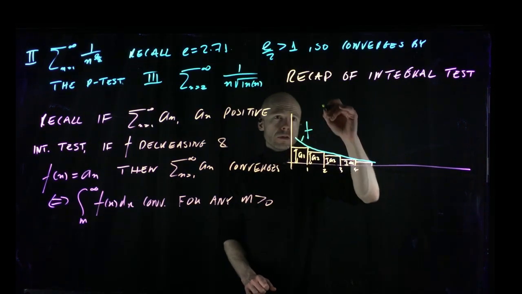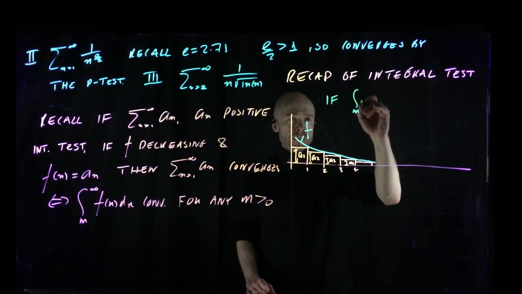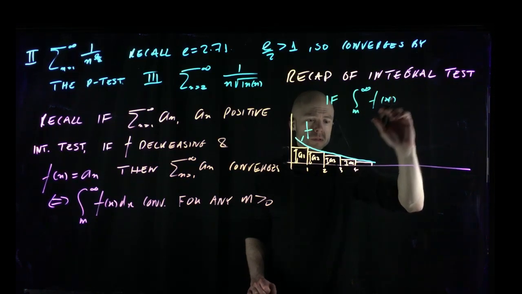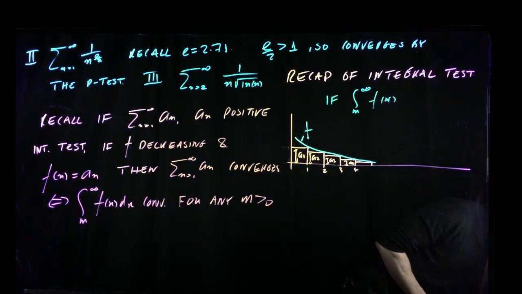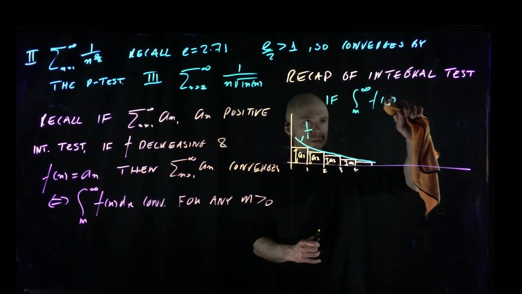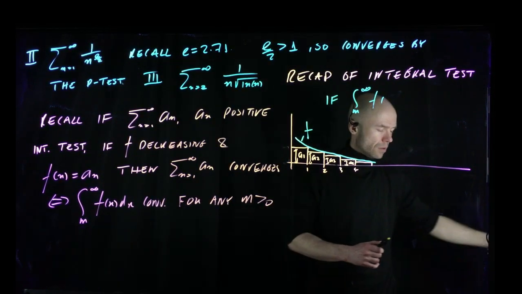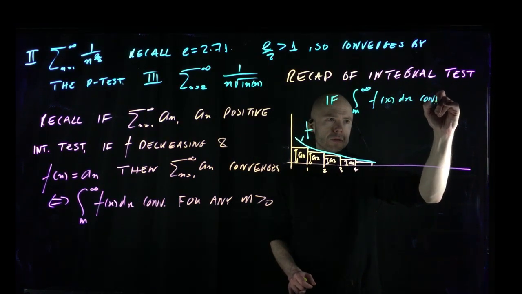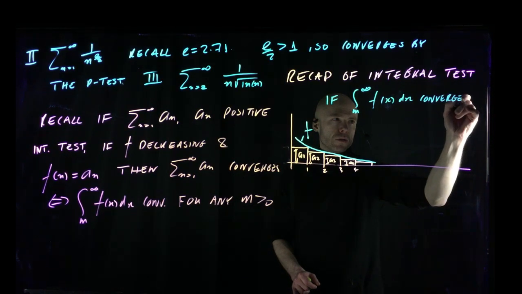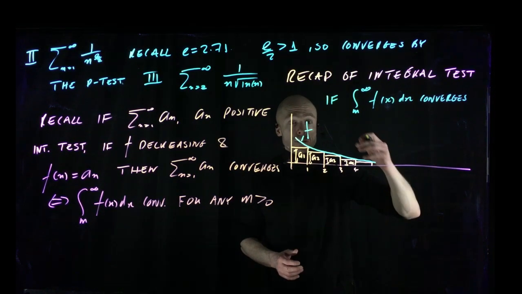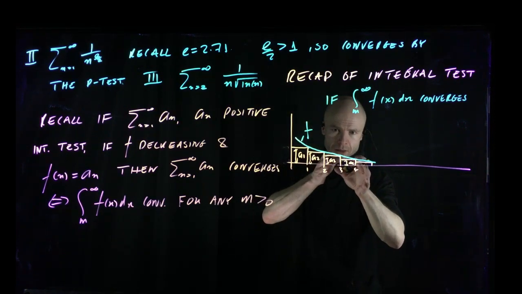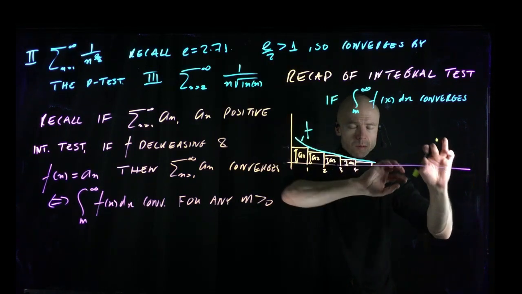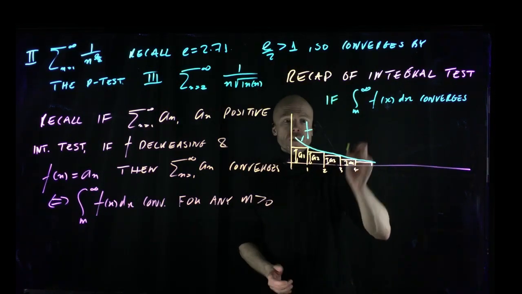So if the integral from m to infinity of f of x converges, then that means that the area underneath this graph is finite, so the area of all these blocks, when we add them all together, is also finite, so therefore we are all good.